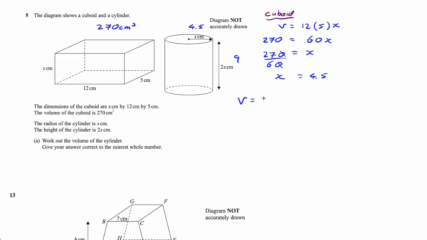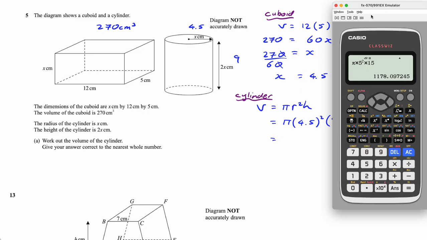Well, again, we're going to use the, let's just write cylinder here, guys. Cylinder. Always write it neatly, guys, to show the little headings, show the examiner what you're doing. Volume is equal to pi r squared h, which is equal to pi times 4.5 squared times h, which is 9.